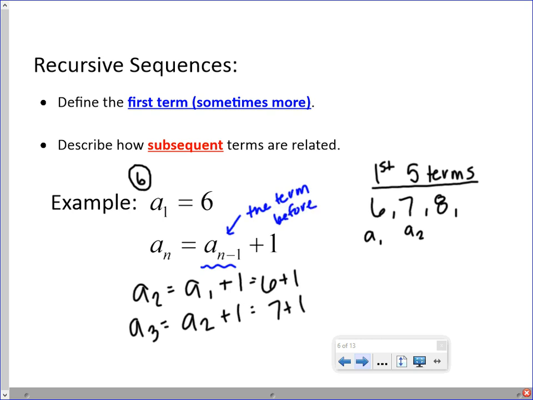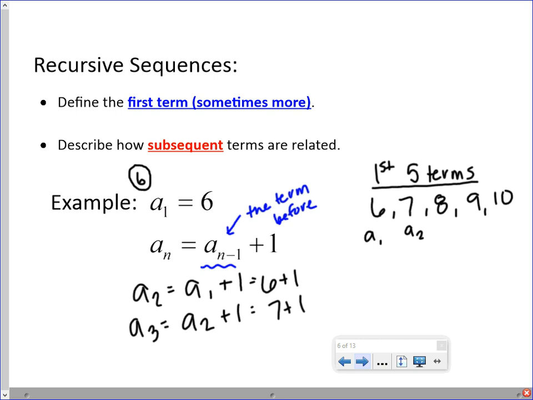In order to get any term in the sequence, you need the term before it. If you only need to list the first 5, that's not a terrible idea, but if we're going for a term later on, we probably want an explicit rule. So my other terms would be 9 and 10, right? Just add 1 to the previous term.